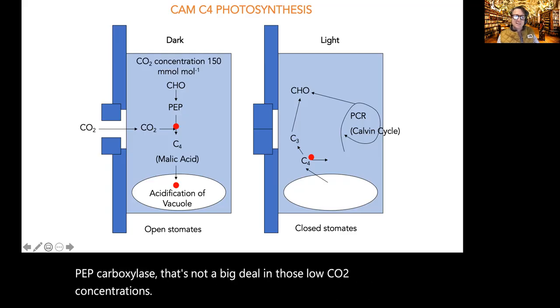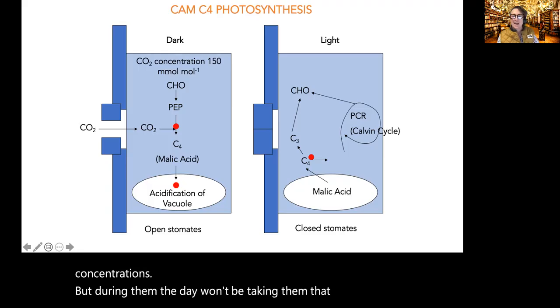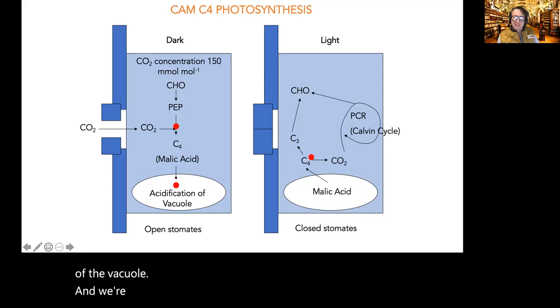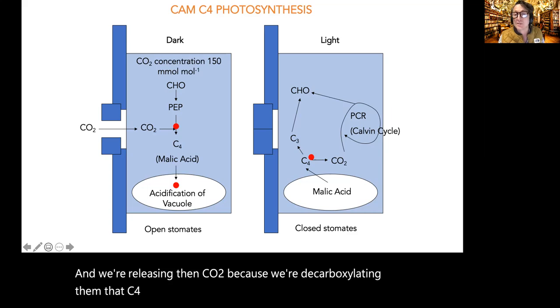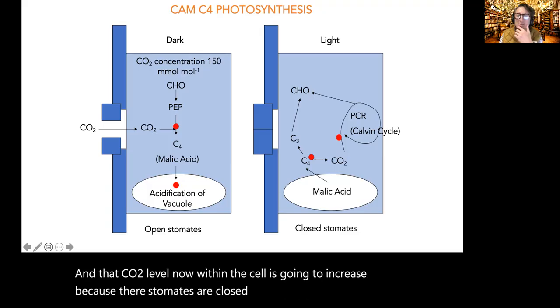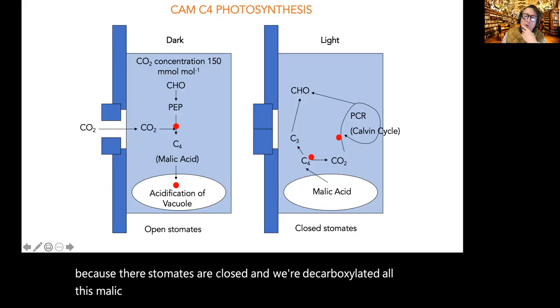But during the day, we're going to be taking that malic acid out of the vacuole and releasing CO2 because we're decarboxylating that C4 acid, releasing our C3 molecule, which is known as CHO. And that CO2 level within the cell is going to increase because our stomates are closed and we're decarboxylating all this malic acid. And now we can perform our normal C3 photosynthesis.